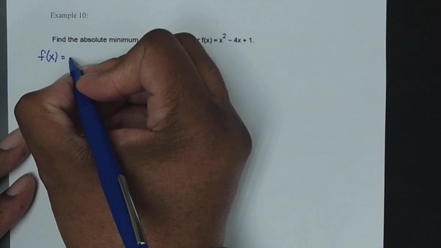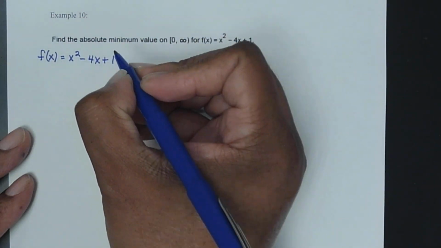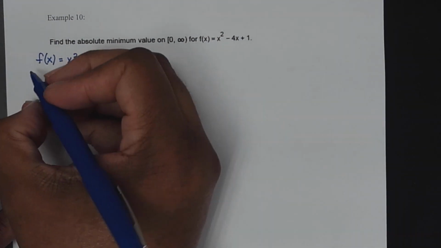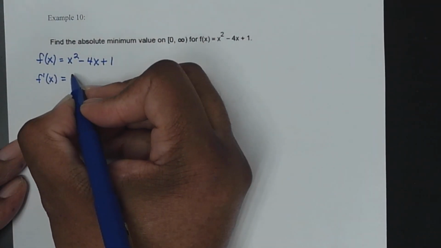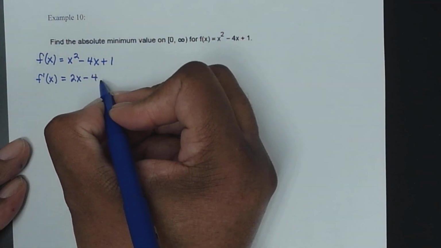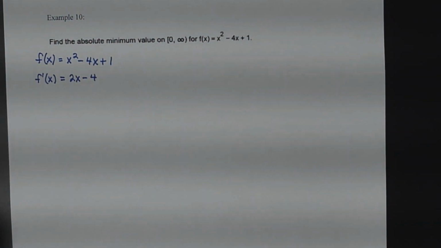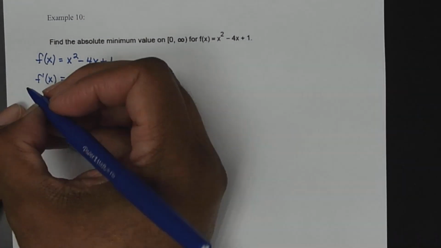So here f of x is equal to x squared minus 4x plus 1. Let's find its derivative here. So f prime of x would be the derivative of x squared is 2x. The derivative of minus 4x will be minus 4. The derivative of 1 is 0. So f prime of x is 2x minus 4.